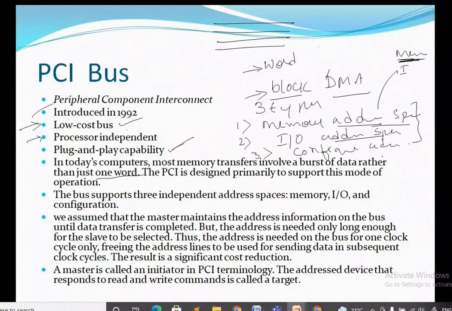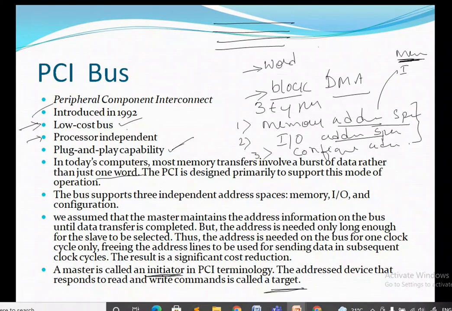Now, how does this PCI work? Let's assume some important points here. We assume that the master maintains the address information. You need to know there are two terminologies we are going to use. One is called initiator. When you are learning about PCI, you should be familiar with some key terms called initiator and target.